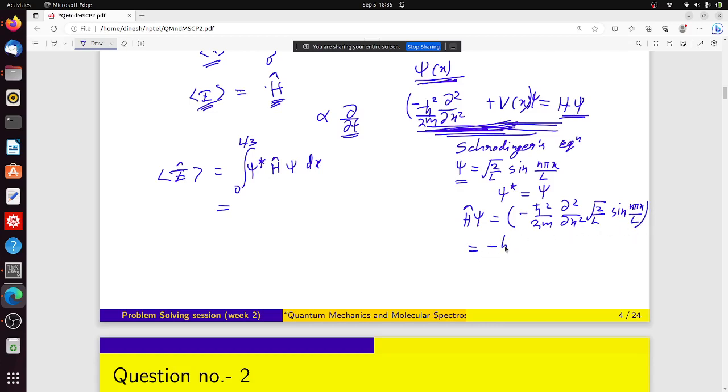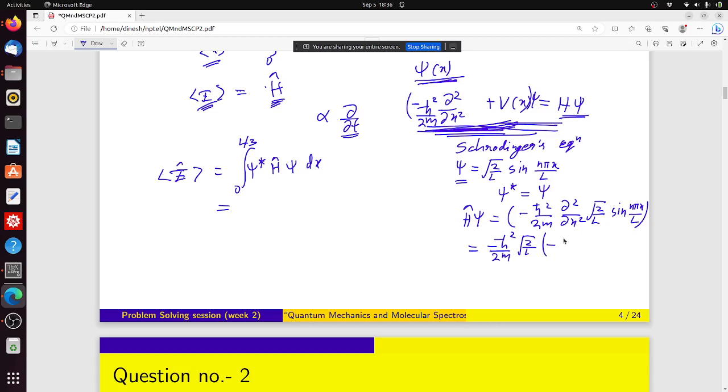So this is minus h square over 2m, and this is the constant root 2 over L, and we have to do derivative twice. Derivative of sine is cos, then again derivative of cos is minus sine, right? So it will be minus, but the constants are there.